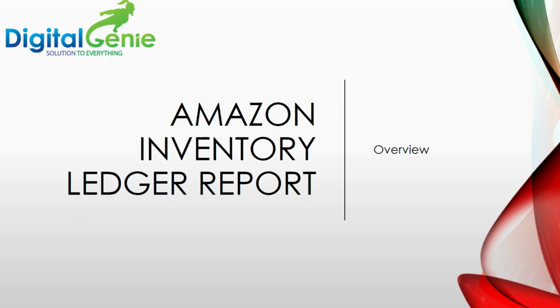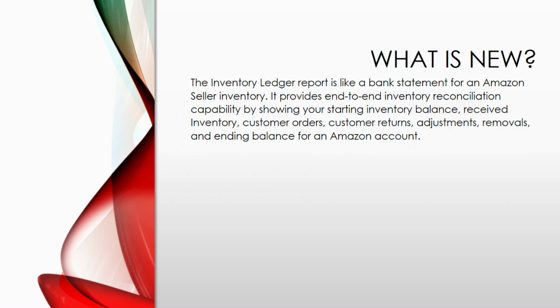If we talk about the Amazon inventory ledger report, this is something you can relate to your bank account statement, where you have your opening balance, your closing balance, and your transaction history. The inventory ledger report is something like that. The definition is: the inventory ledger report is like a bank statement for an Amazon seller's inventory.